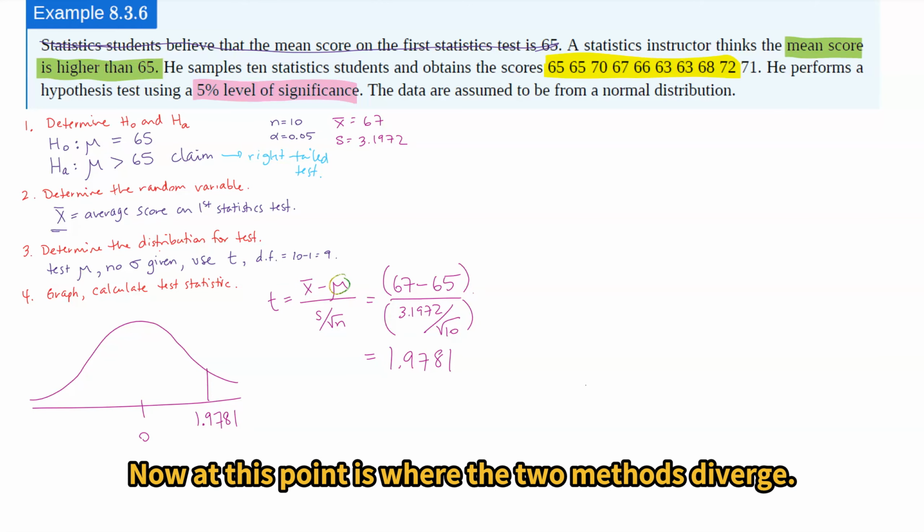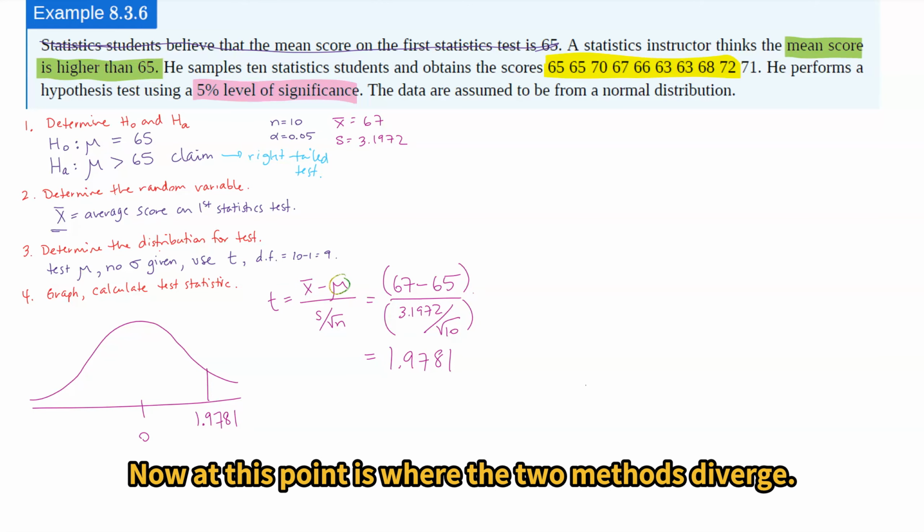And since I'm doing a right-tailed test, I need area to the left. The idea here is in the right side of the tail will be my alpha, 0.05. So I need left 0.95 for my area. And then the degrees of freedom, 10 minus 1 is 9.